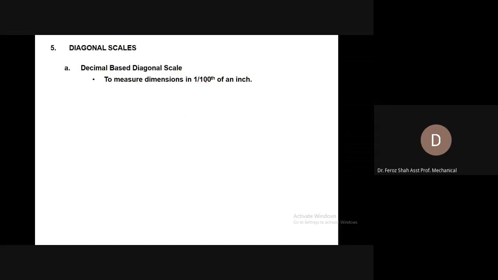In other words, the inch would be divided into 100 equal parts, and each part would be 1 by 100 of an inch. For that, draw a horizontal line of 1 inch and erect two perpendicular lines from the two ends of this horizontal line.